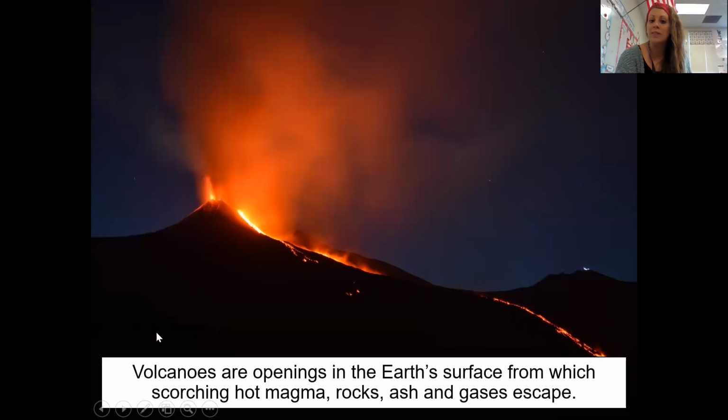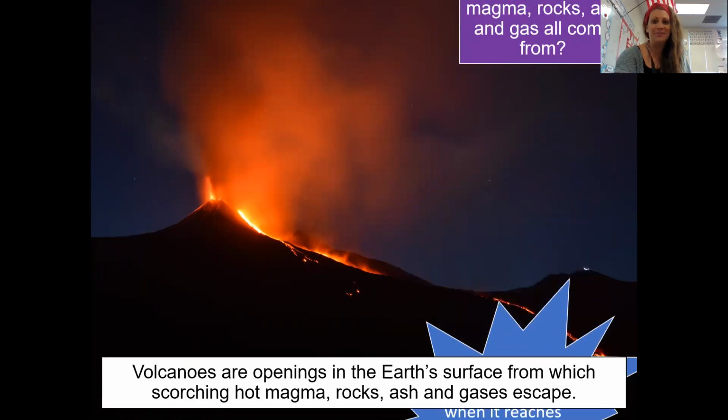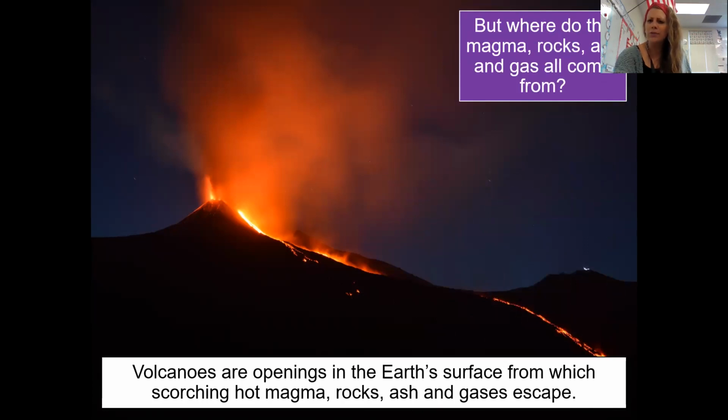Volcanoes are openings in the Earth's surface from which scorching hot magma, rocks, ash, and gas escape. Do you remember what we call magma when it reaches the Earth's surface? Lava. Where do the magma, rocks, ash, and gas all come from? Do you remember? Let's see.